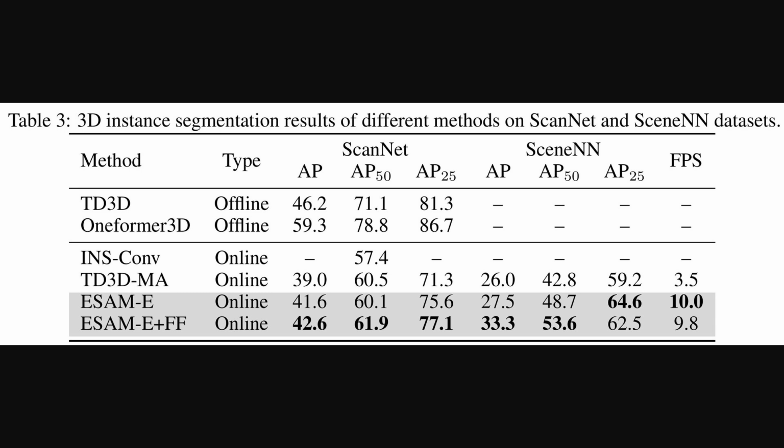The ESAM plus FF variant, for instance, which is an online method, achieves a strong 42.6 average precision on ScanNet and 33.3 on SceneNN, all while processing at nearly 10 frames per second. This really underscores its capability for real-time operation, a key advantage over offline approaches.